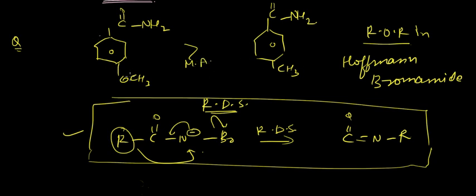Because this has a plus M effect. It will stabilize more the intermediate 3-member aromatic ring formed during the migration in the RDS step, and this other one is just plus I. Hence, the migratory aptitude of this is more than the migratory aptitude of the compound on the right hand side, and hence the same order can be said for the Hoffmann bromamide reaction as well.